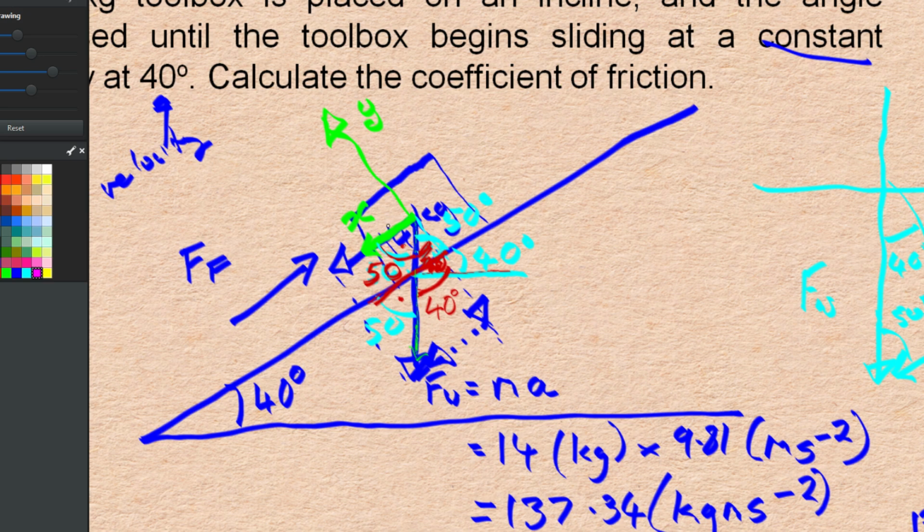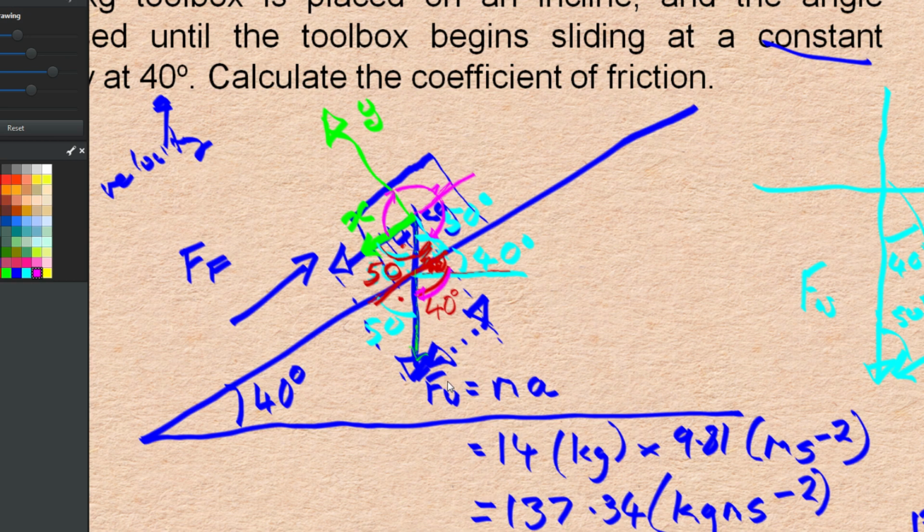From our x-axis towards our y-axis, that is 90 degrees. If I went all the way around to my negative x-axis, that is 180 degrees. If I keep going around to the negative y-axis, that is 270 degrees, and I need to add this 40 degrees in here.